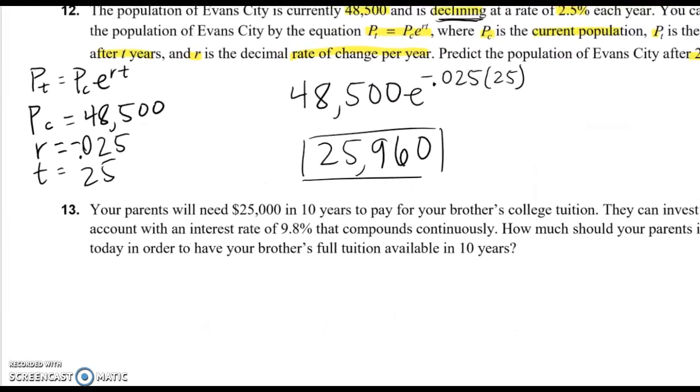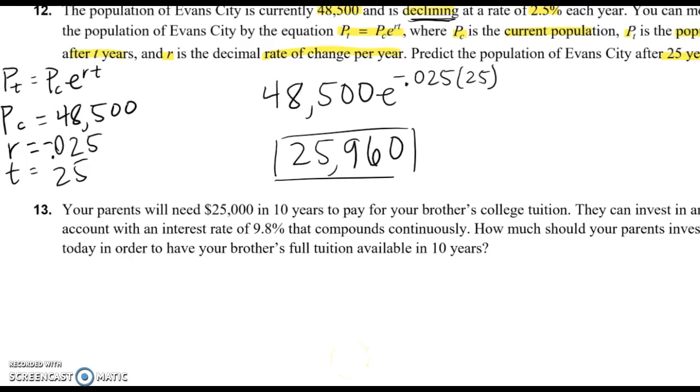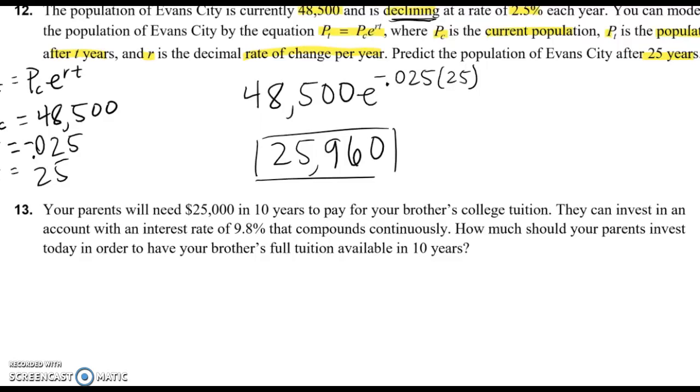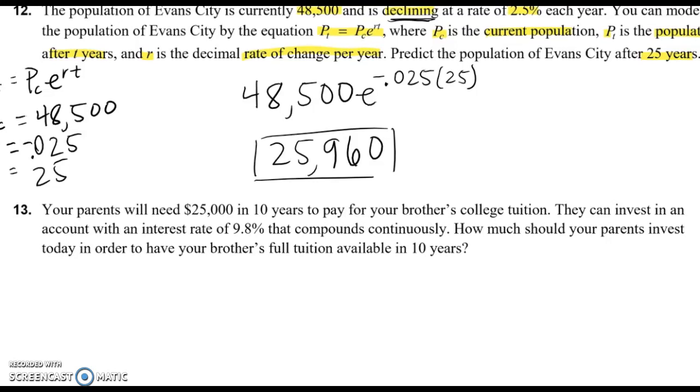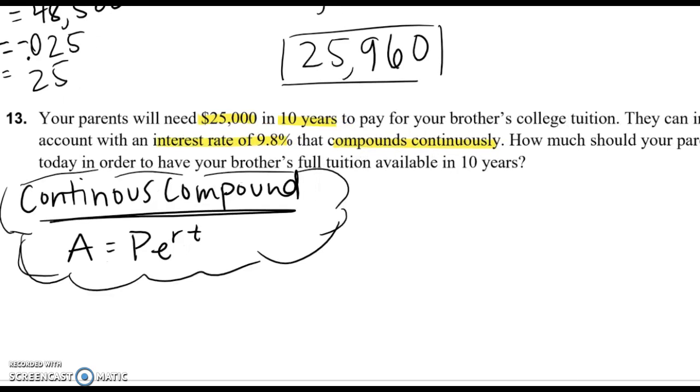It says your parents will need $25,000 in 10 years to pay for your brother's college tuition. They can invest in an account with an interest rate of 9.8% that compounds continuously. How much should your parents invest today in order to have your brother's full tuition available in 10 years? The equation for continuous compound is A equals P e to the RT. Let's write down what some of the variables are.